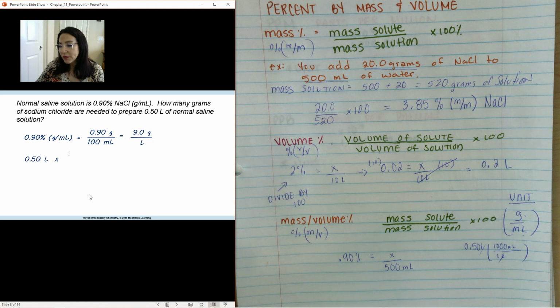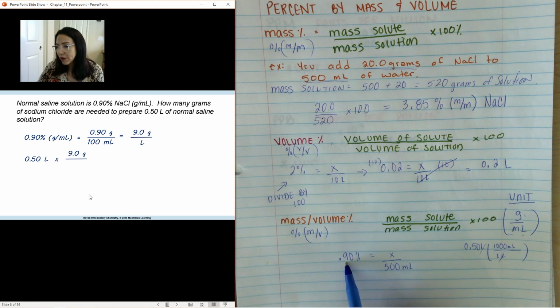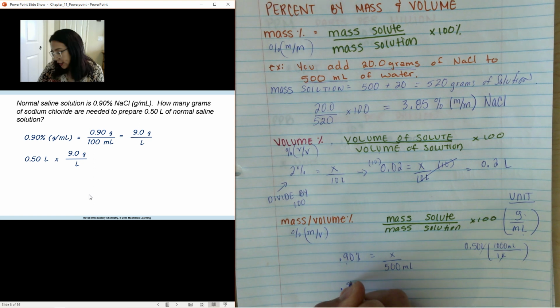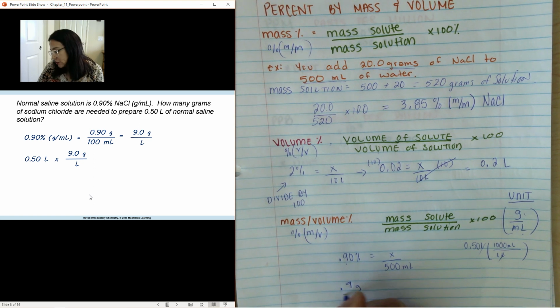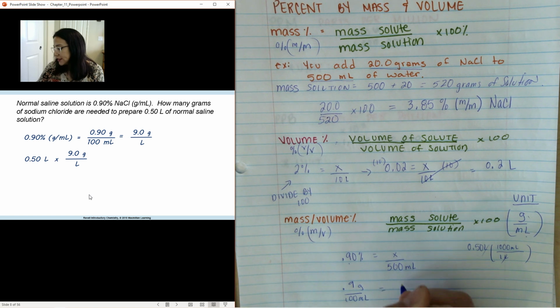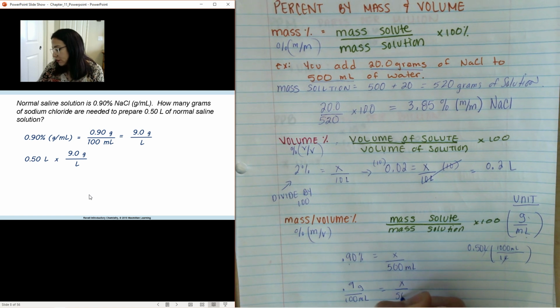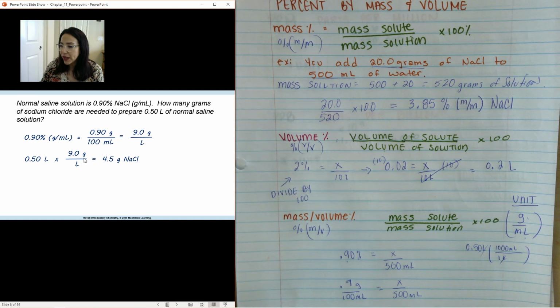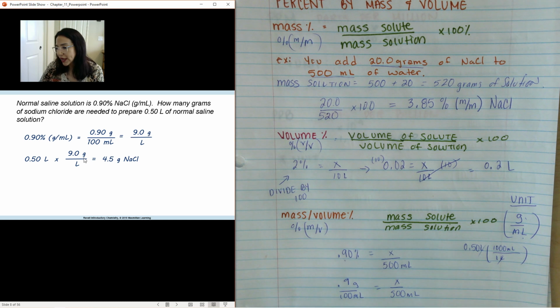Now, just to show us some of the steps, remember, this number is a number over 100. So our next step is to take that 0.9, and it's going to be 0.9 grams over 100 milliliters, and that's going to equal X over 500 milliliters. Let's see what we actually get when we start isolating this.